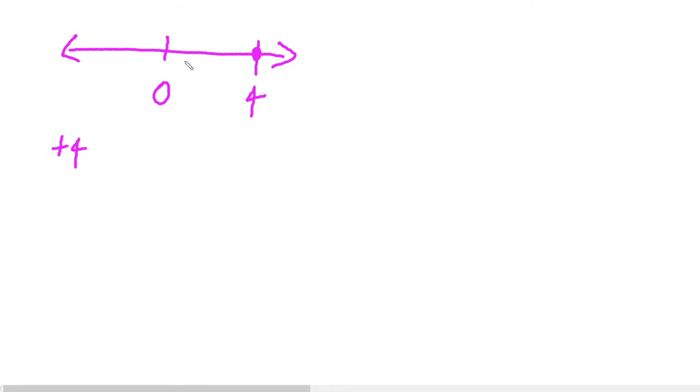But I want you guys to think about 4 as a vector going from 0 to the point where a location vector for 4 would be on the number line.